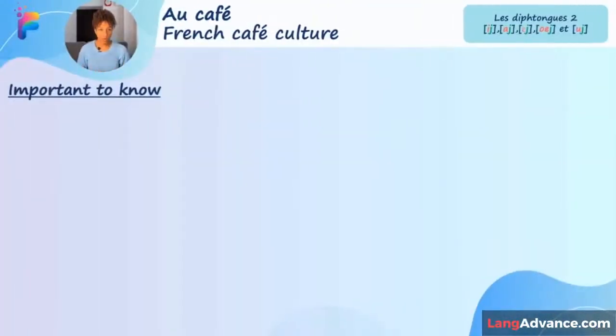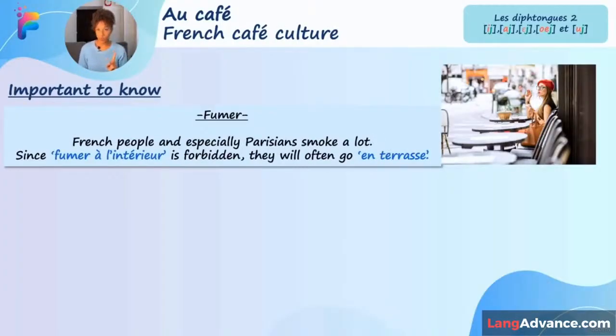The French coffee culture. Important to know. There are some informations that you need to know. Fumer, to smoke. French people, especially Parisians, tend to smoke a lot. Since fumer à l'intérieur is forbidden, which means smoking inside is forbidden, they will often go en terrasse.